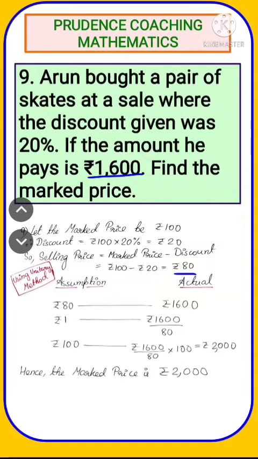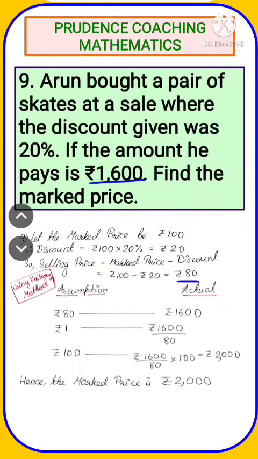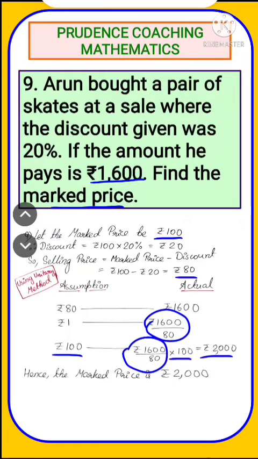Now we need to find out the value of 1, that will be 1600 divided by 80. But here we need to find out the marked price, which is rupees 100 according to our assumption. So rupees 100 will be this 1 unit into rupees 100. So into 100 you will do the calculation and you will get rupees 2000. So you will get rupees 2000 as your answer.